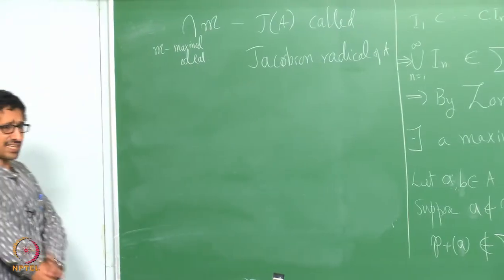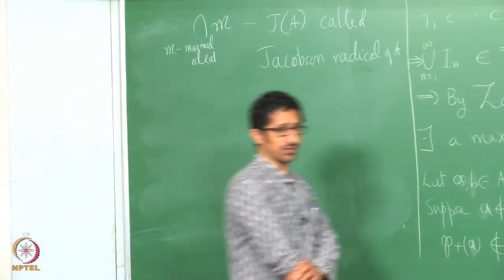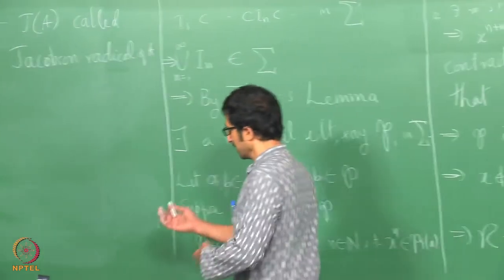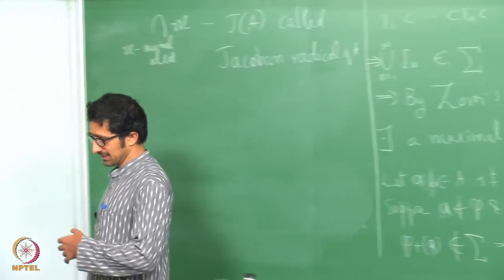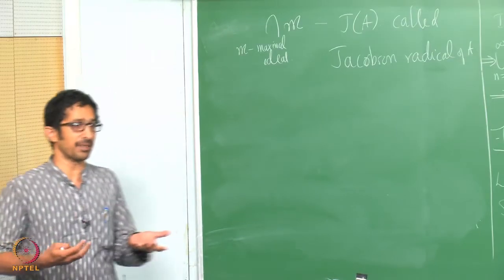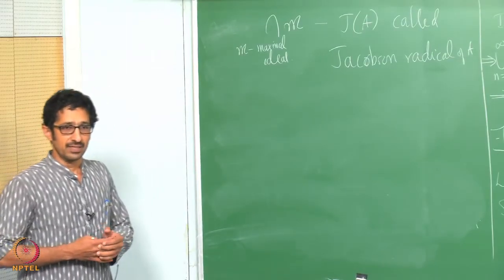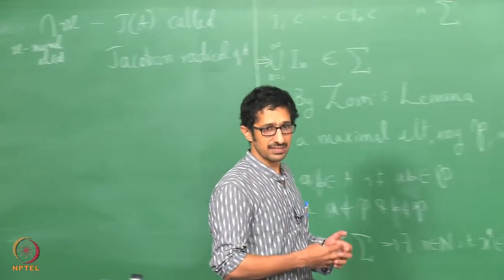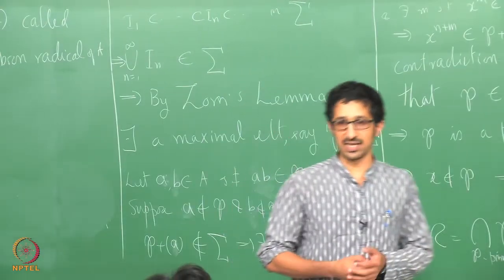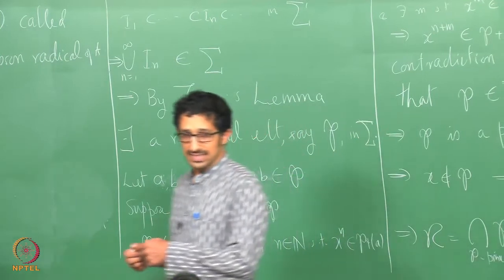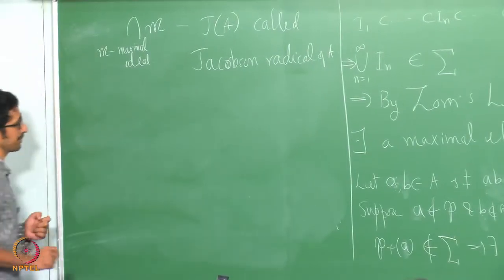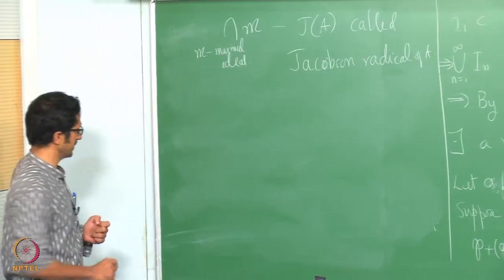Now, is there a way to find the elements of this ideal? See, to check whether an element is in the intersection of all prime ideals, it is a characterization: it is nilpotent if and only if it is in the intersection of all prime ideals. So in this case, do we have a nice characterization?